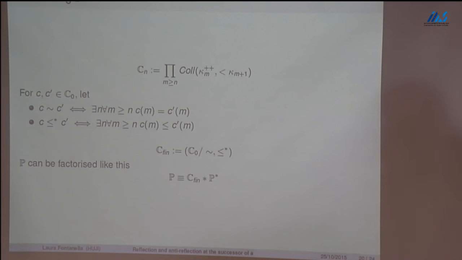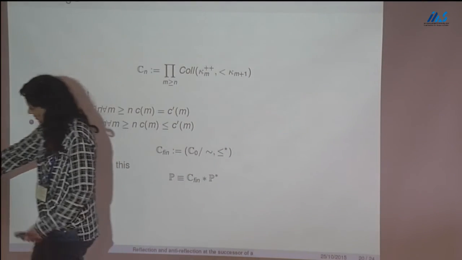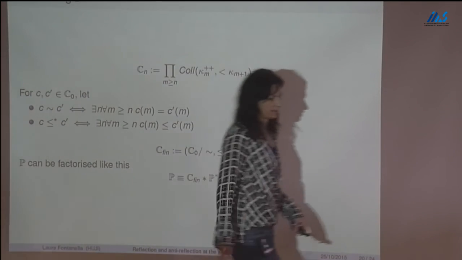Okay. Now, this is important because the Magidor and Shelah forcing can be seen as an iteration of C finite followed by another forcing P star, which is the same forcing where the sequence belongs to the generic for C finite.